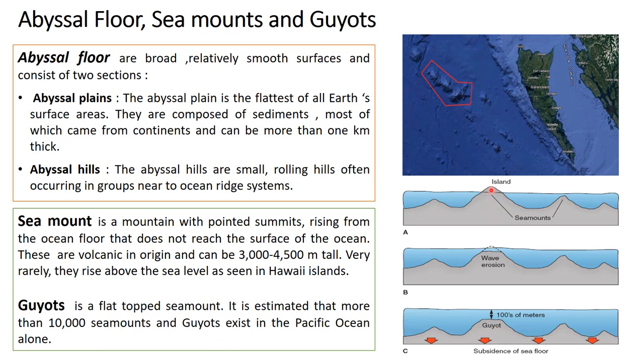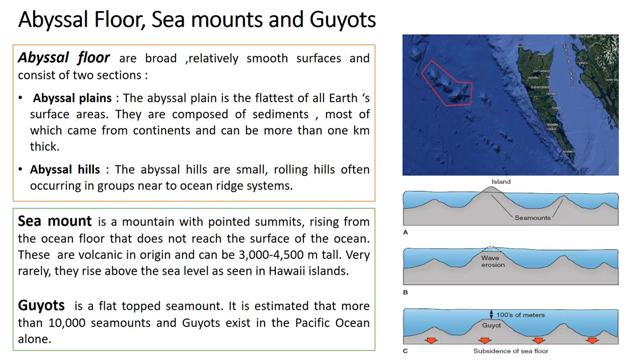Sometimes, because of very active volcanic activity, the lava builds up so that its surface can be seen on top of the ocean surface in the form of volcanic islands. But usually, when we look into seamounts, they are under the ocean surface.